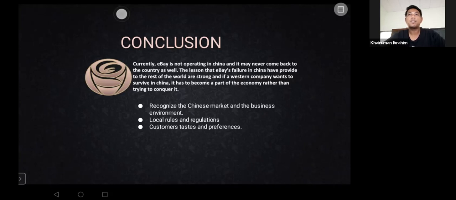First, we have to recognize the Chinese market and the business environment. The core mistake eBay made was forcing their global strategy onto a yet undeveloped China market.